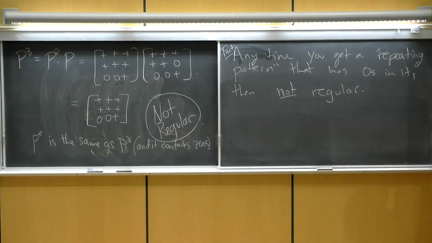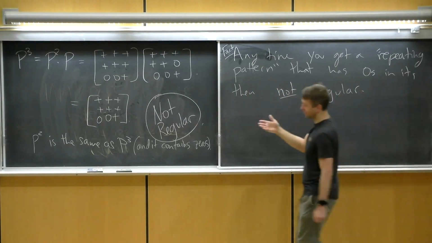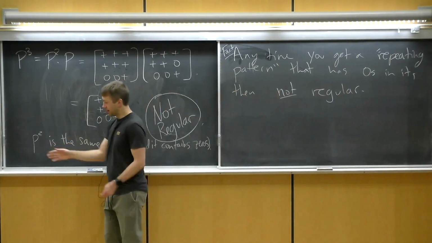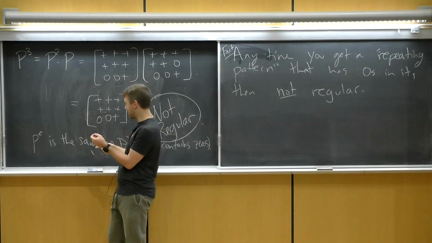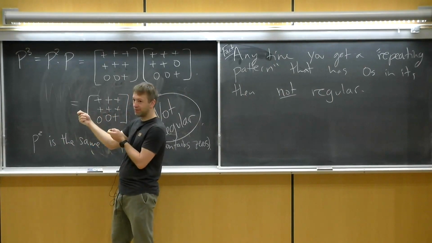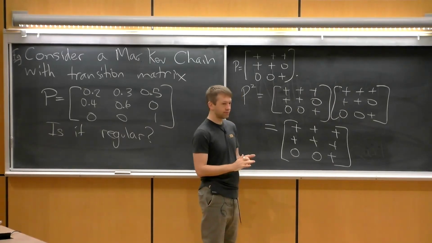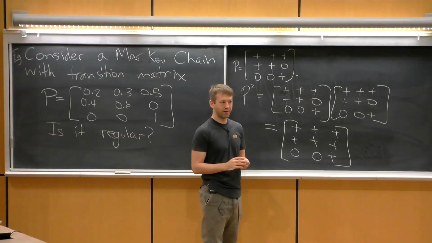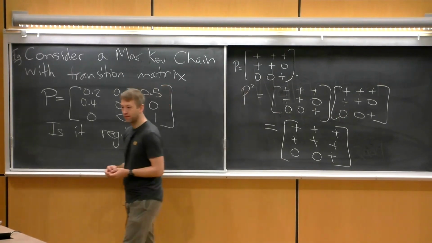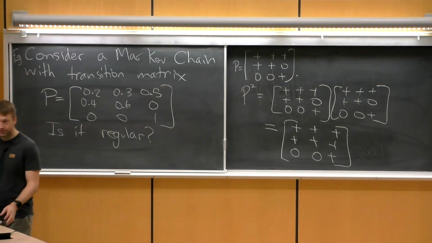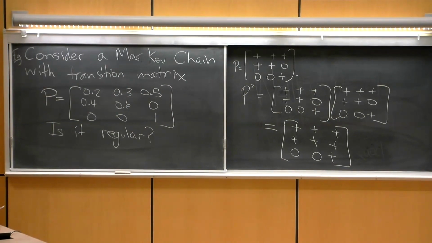Okay. You know what I mean by repeating pattern? All I mean is like here, when some power of P is the same as some other power of P, right? Then that's what's going to happen. Any questions about that? Okay.